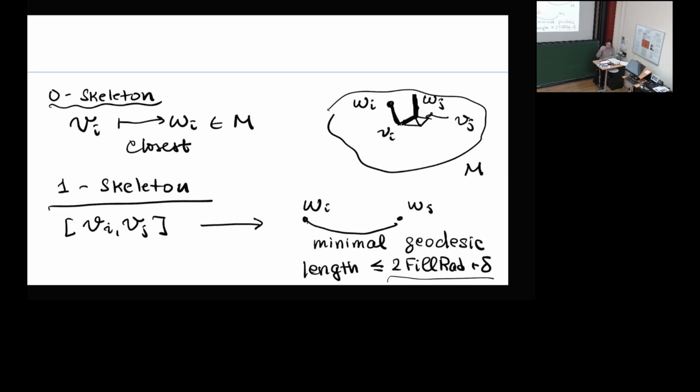Well, Vi is in P, it's a vertex of P. We can subdivide so that it becomes a vertex of M, since M is a subcomplex of P. Let's map it to the closest point, and the closest point is going to be in some simplex, and the simplex has a very small diameter. Yes, maybe you should add some small number. You find the closest vertex, and it only changes by some small amount.